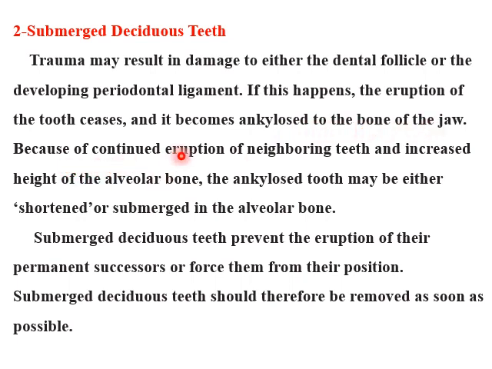Because of continued eruption of neighboring teeth and increased height of the alveolar bone, the enclosed tooth may be either shortened or submerged in the alveolar bone. Submerged deciduous teeth prevent the eruption of their permanent successors or force them from their position. Submerged deciduous teeth should therefore be removed as soon as possible.